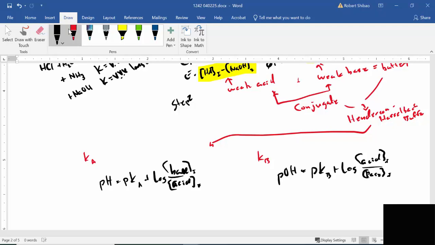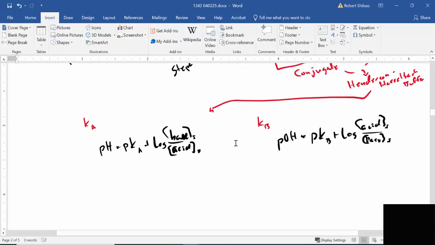Most people use the pH form because that saves us one calculation, converting pOH to pH. However, I noticed that your books in the homework, they're having you use the pOH form too. So both forms. And sometimes it makes sense to use the pOH form if the base is more common than its conjugate acid. All right, so we'll stick with this form.